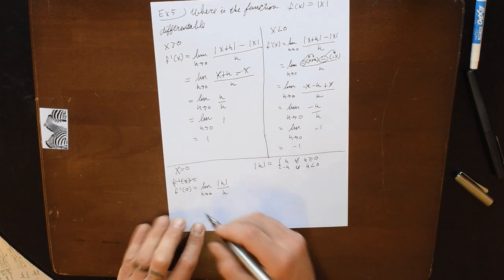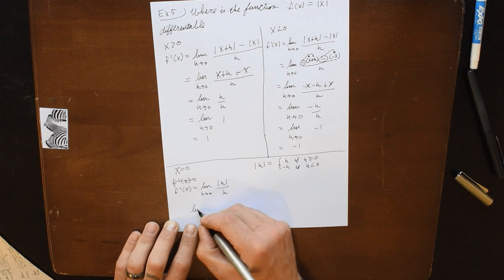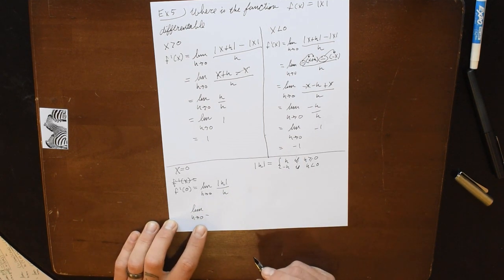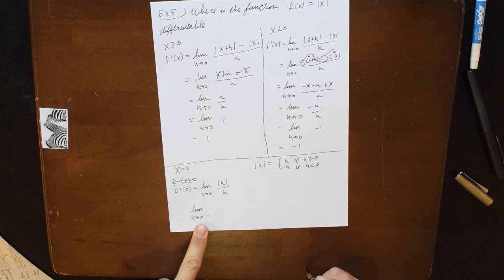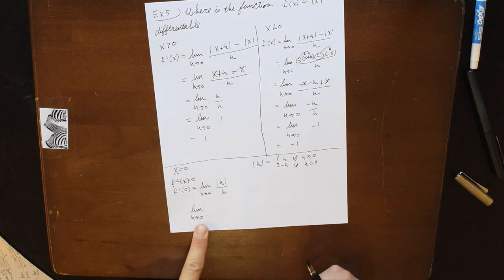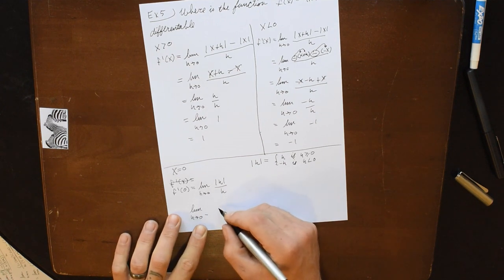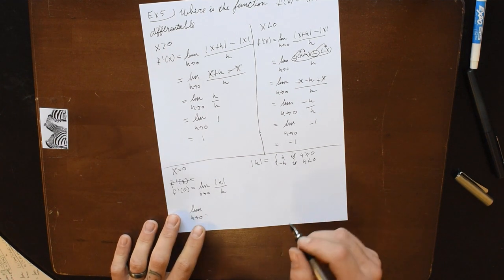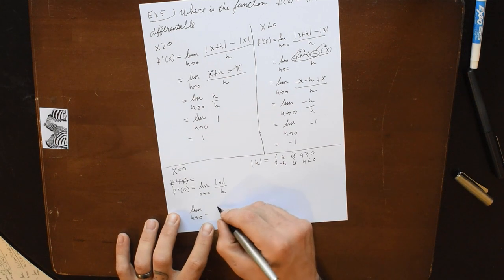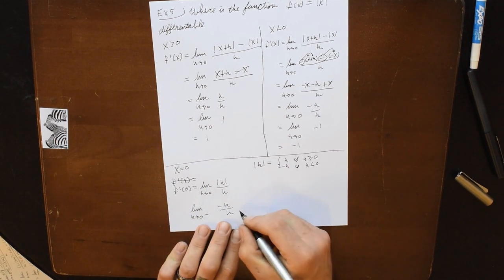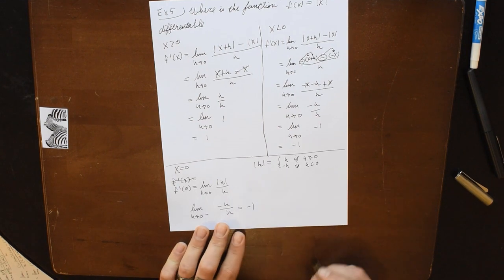So that means when we take the limit as h approaches 0 from the left, h is always going to be negative. So we can rewrite this limit as negative h all divided by h, which is going to equal negative 1.